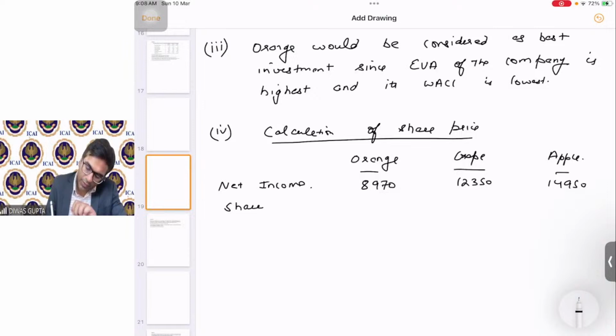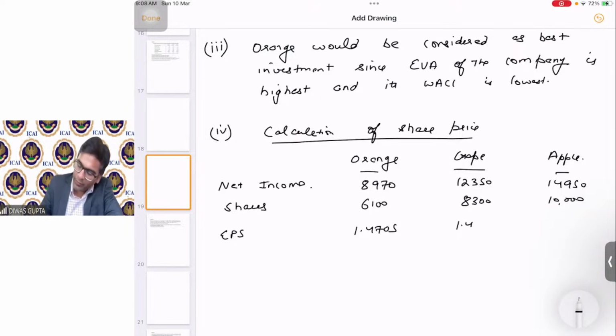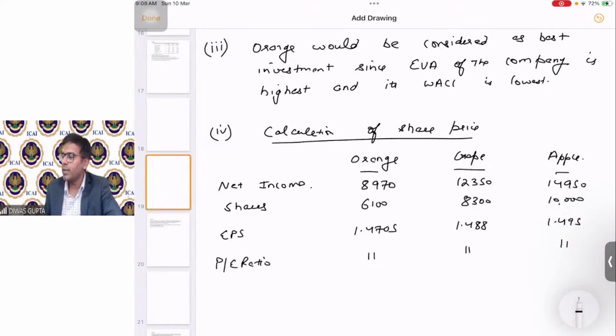Number of shares are how much? 6,100, 8,300 and 10,000. That is also given, right? So EPS effectively becomes 1.4705, 1.488, 1.495. The PE ratio is actually 11 times all across, right?